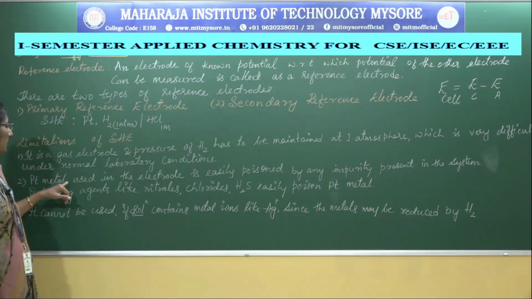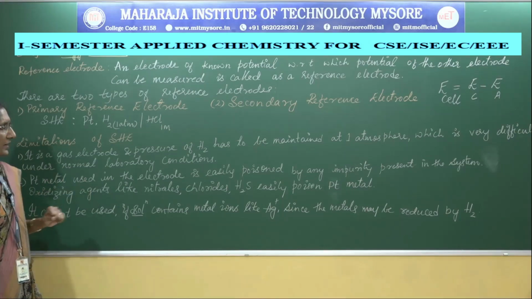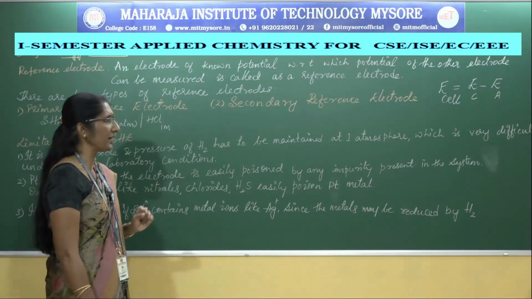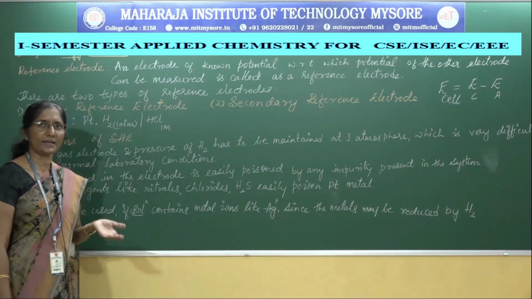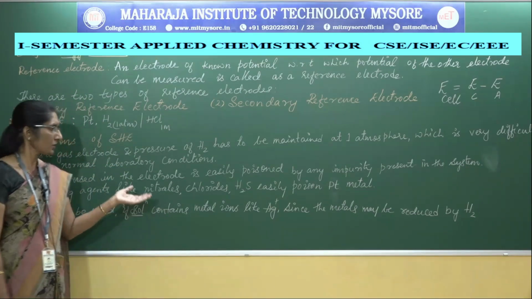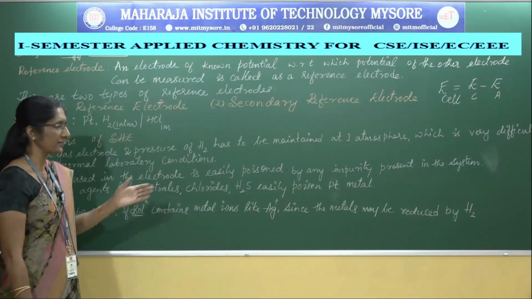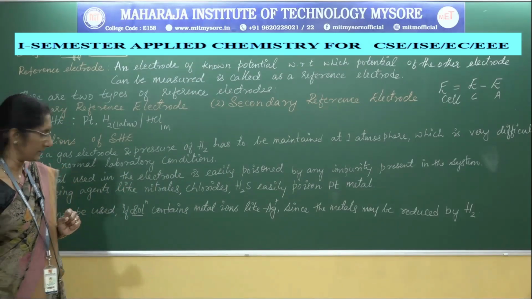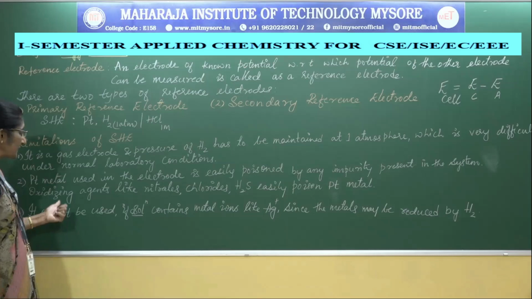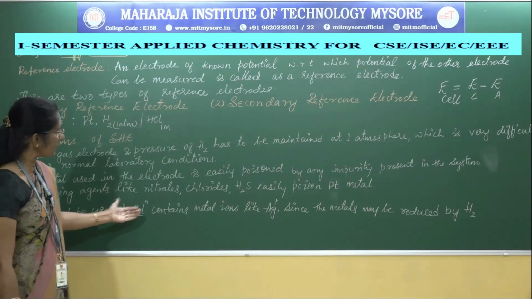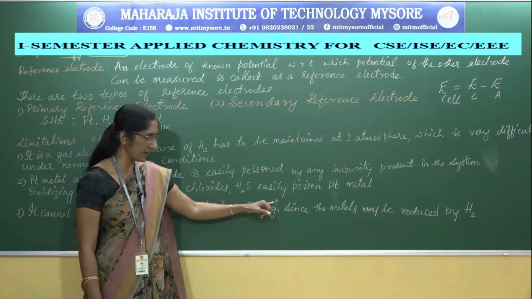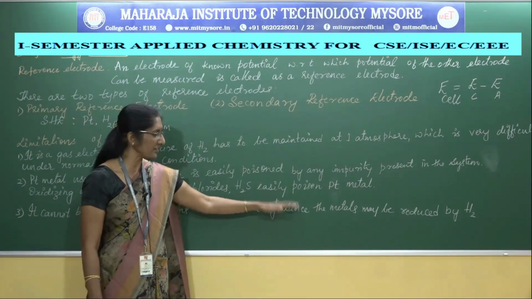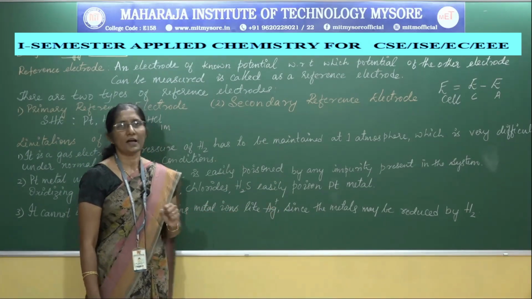The platinum metal used in the electrode is easily poisoned by impurities present in the system. Oxidizing agents like nitrates, chlorides, and hydrogen sulfide easily poison platinum metal. Another drawback is that it cannot be used if the solution contains metal ions like silver ions, Ag plus, since the metal ions may be reduced by hydrogen.